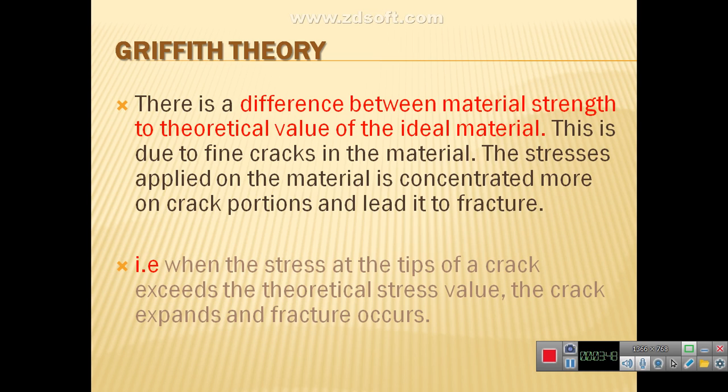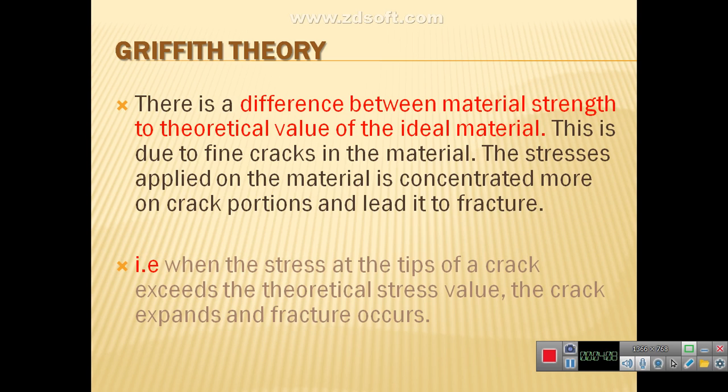Next, Griffith theory. There is a difference between the material strength and the theoretical value of the ideal material. This is due to fine cracks in the material. The stress applied on the material is concentrated more on the crack portions and leads to a fracture.